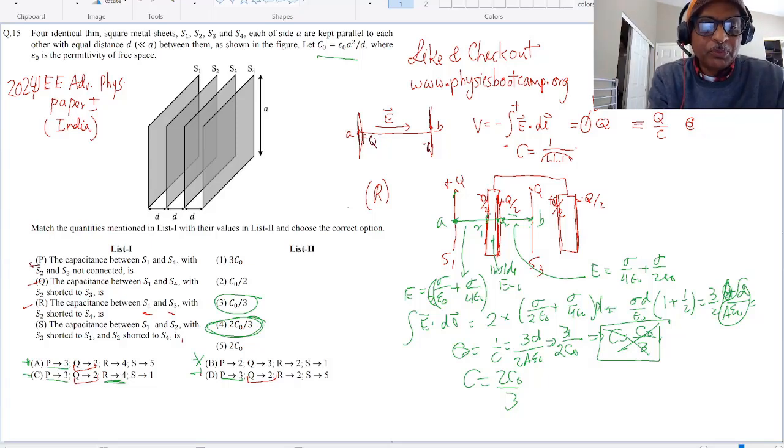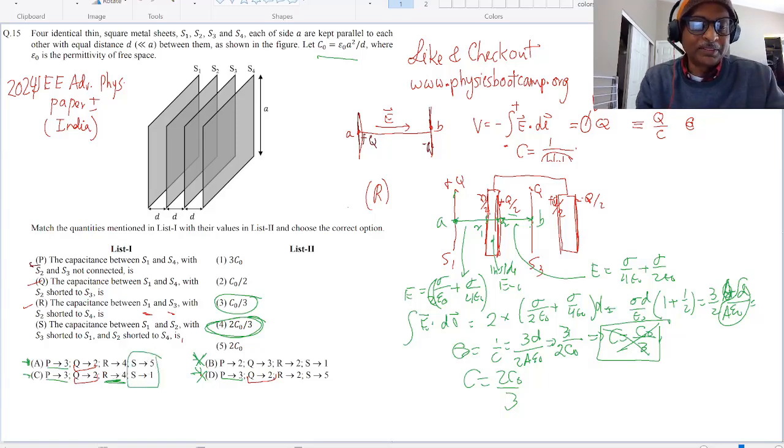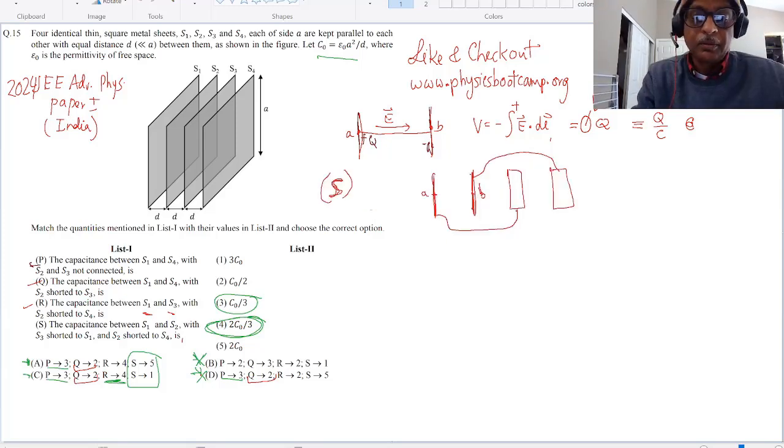So we have ruled out this guy and this guy, but in the remaining, R was again not going to rule out. So we really have to do the S to figure out. So I'm going to erase it and do the S, very similarly.